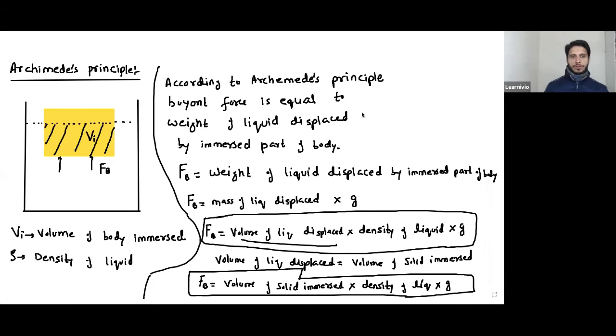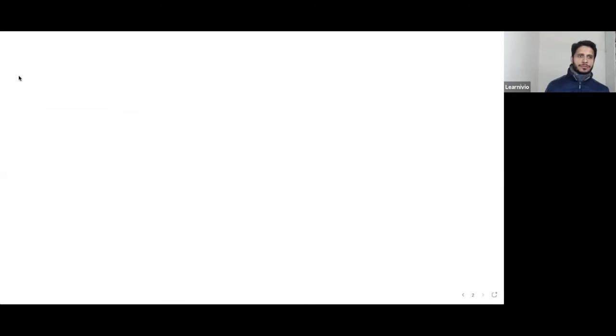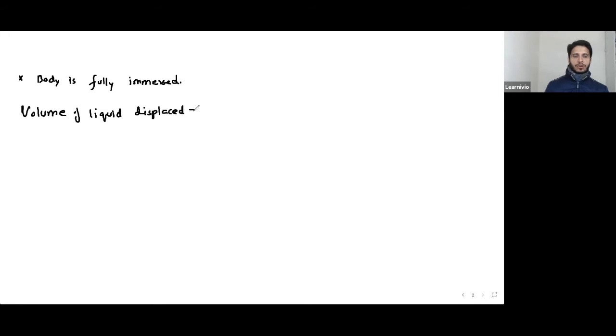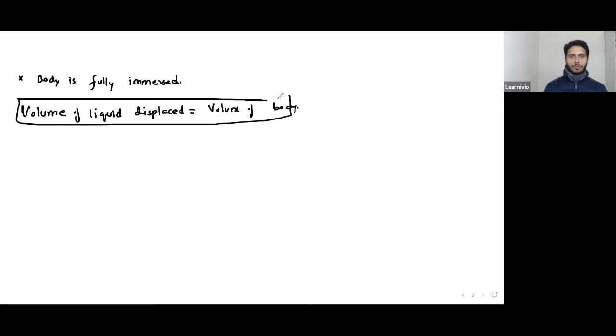Now, if I say that the body is fully immersed, that means the volume of liquid displaced is equal to the volume of the body, because the body is fully immersed. So this is Archimedes principle through which you can calculate buoyant force.